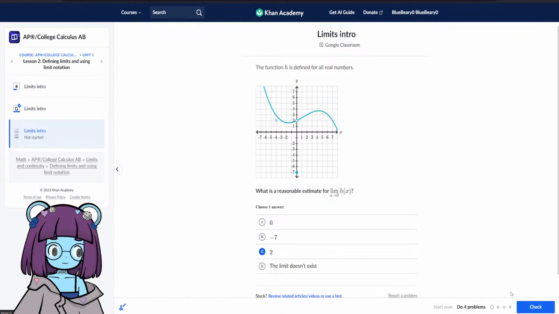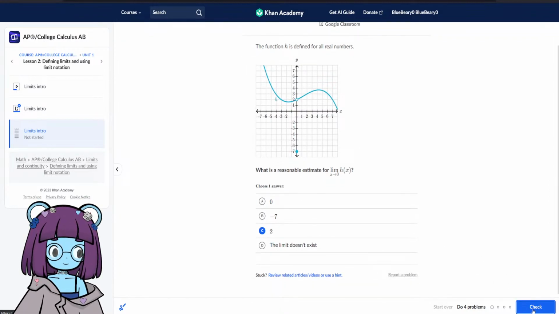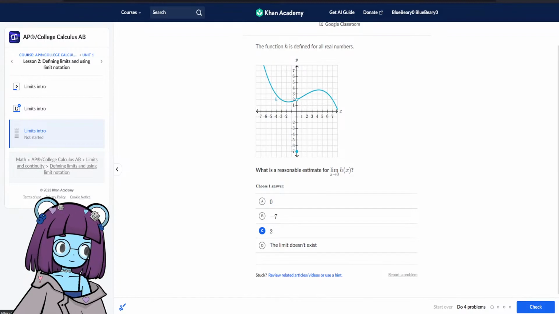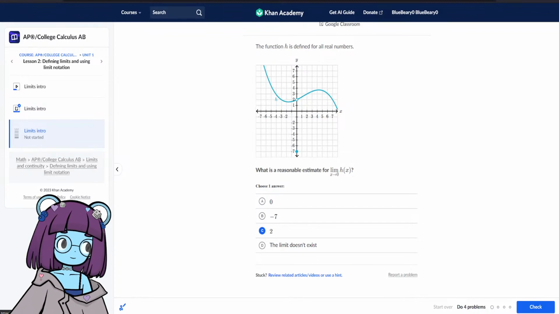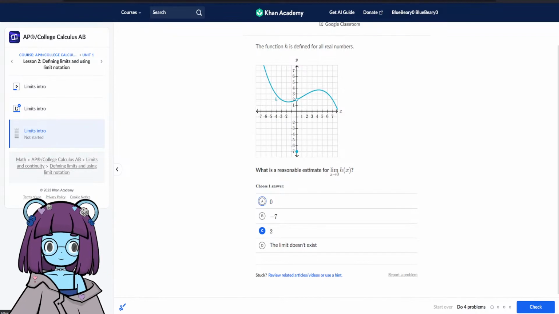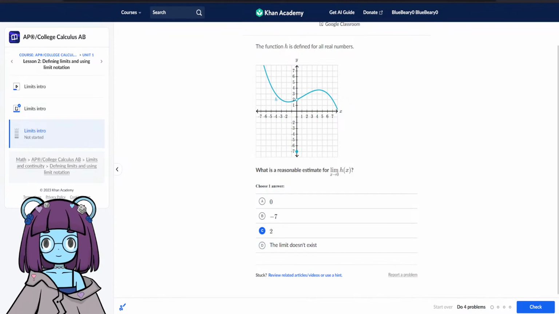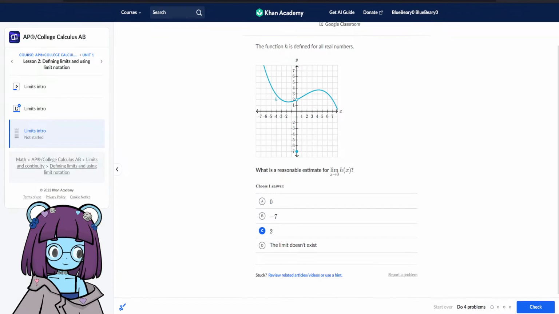You ready to check? Oh, I should maybe display my chat box. First time I've displayed it in a long time. Alright.